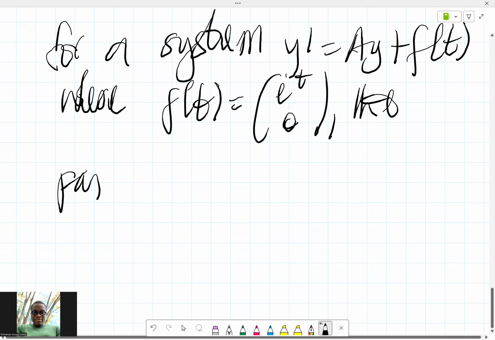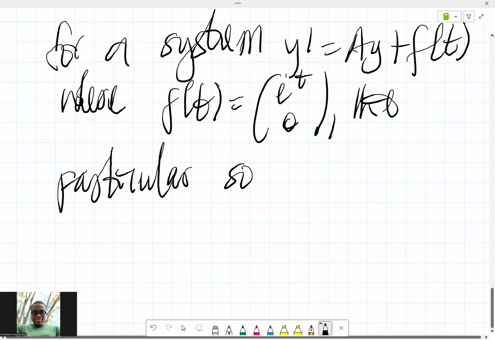The particular solution yp of t is assumed to be c1 e raised power t, and then c2 e raised power t, because if you keep differentiating e raised power t, you keep getting e raised power t, so it doesn't change form.